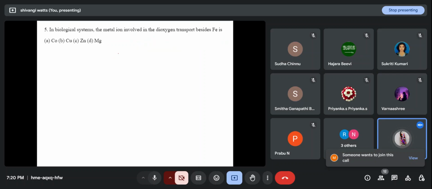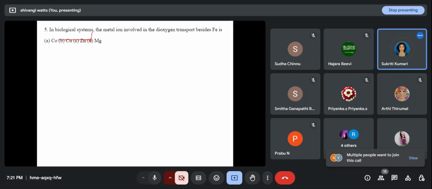In a biological system, the metal ion involved in dioxygen transport besides iron is. We have seen metalloproteins containing iron, which is responsible for oxygen transport. So they're asking, in the biological system, except iron, which other metal ion is involved in oxygen transport?